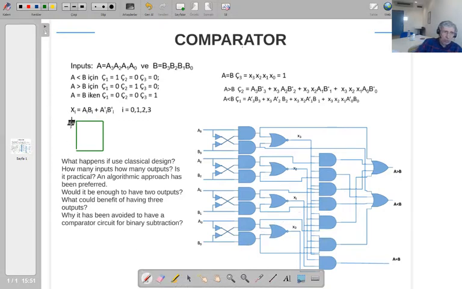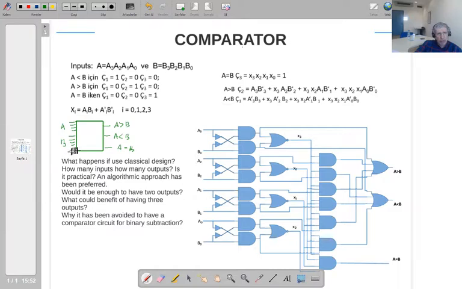What this circuit does: there is a 4-bit A number and another 4-bit B number, and we say A bigger than B, A smaller than B, or A equal to B. So three output variables, and there are 8 input variables here.